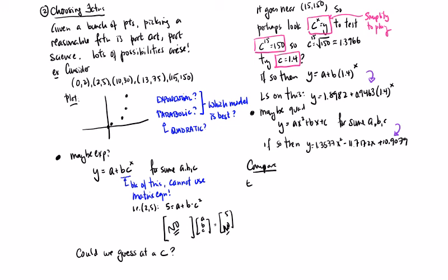So the exponential least squares error compared to the quadratic least squares error. So the quadratic is 21.9904. The exponential is 2.7601. So arguably this one's a little better.